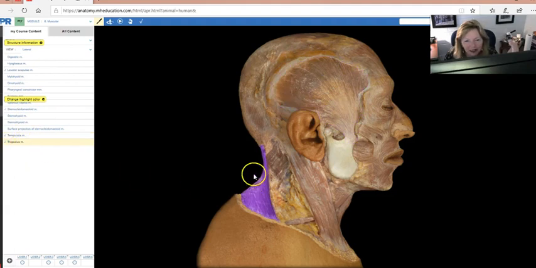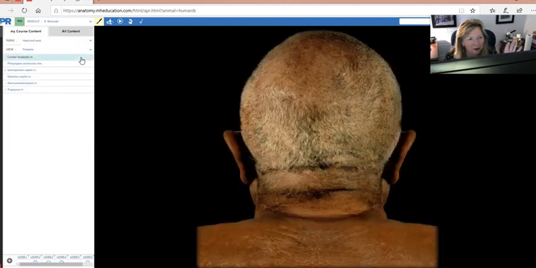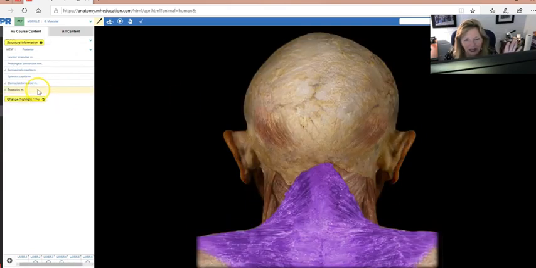The trapezius is actually going to be on your list, and you can see it from this lateral aspect. It's not the best aspect. The best aspect would be a posterior view, and I could go up here and look at a posterior view. We could look at that trapezius again. Much better view, right?